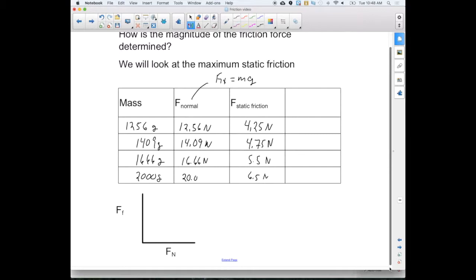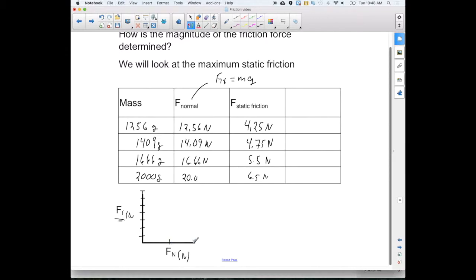And so now what we're going to do is make a graph of force of friction in newtons versus the normal force. So the static friction is going to go from about 0 to 6. And the normal force is going to go from 0 to 20.